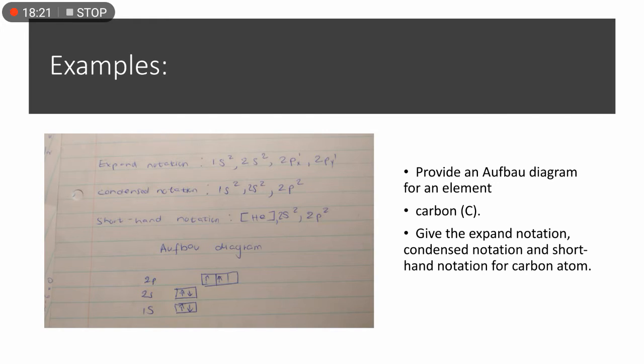On the second energy level, px is occupied by 1 electron. On the second energy level, again, py is occupied by 1 electron.